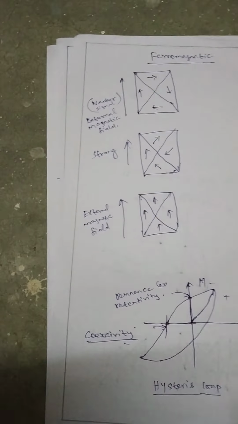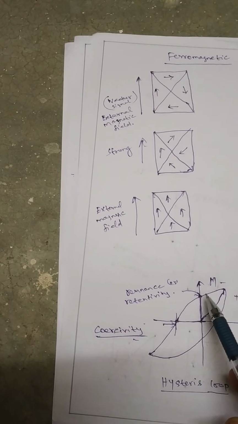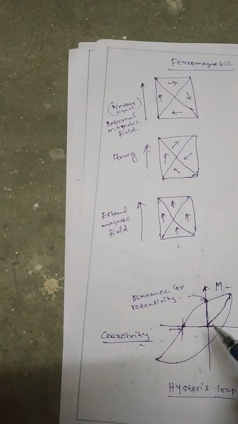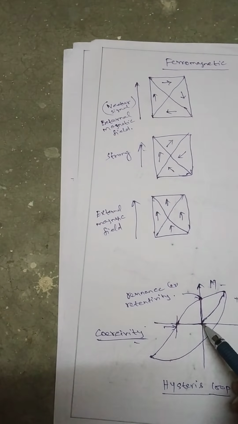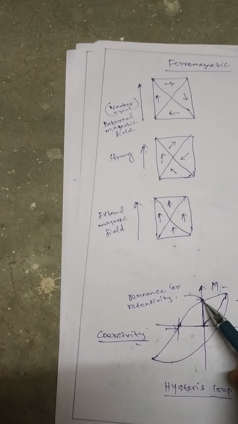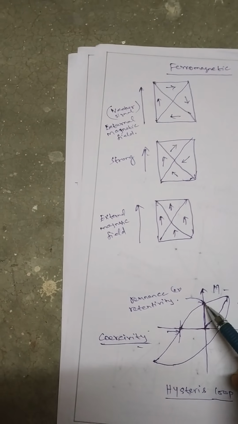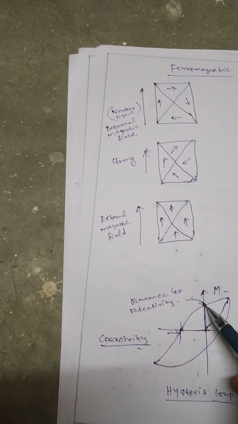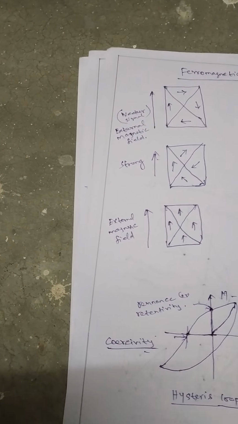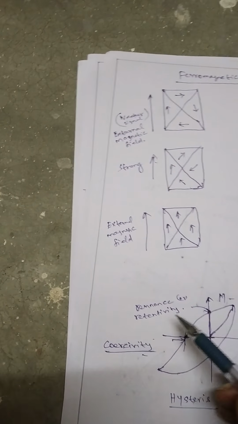So here we have to consider these 2 points. The magnetic field is 0, but every material has some magnetism in it. That is called the retentivity.